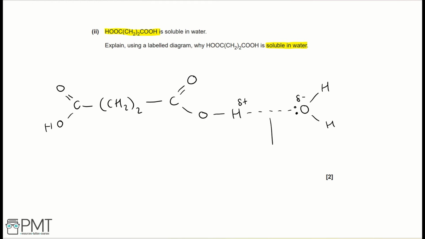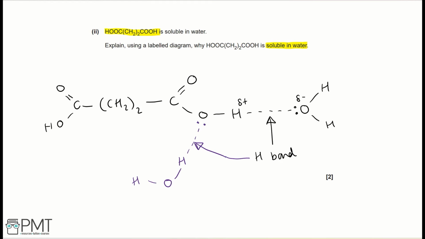You also need to label that this is a hydrogen bond. Alternatively, you could have had your hydrogen bond from the lone pair on the OH of your dicarboxylic acid, and it would bond to the hydrogen of H2O.